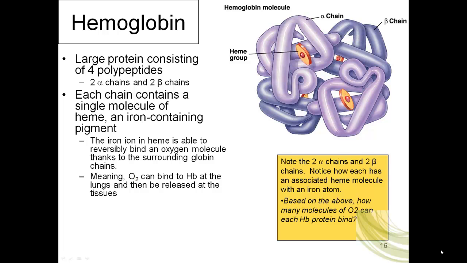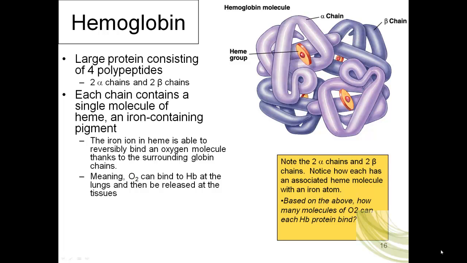When you have both of those assembled, then you have heme. Now, it is the iron ion in the heme complex that binds to oxygen, and it binds in a reversible manner, meaning it can bind to oxygen and then let go of the oxygen.